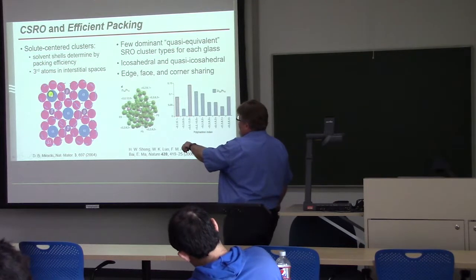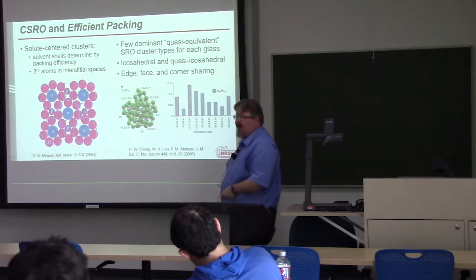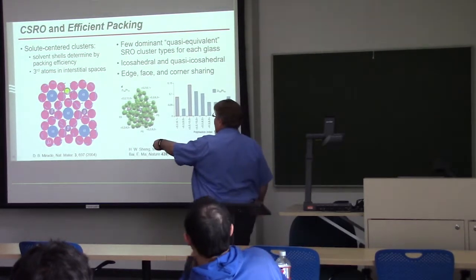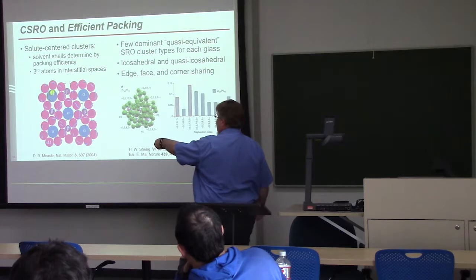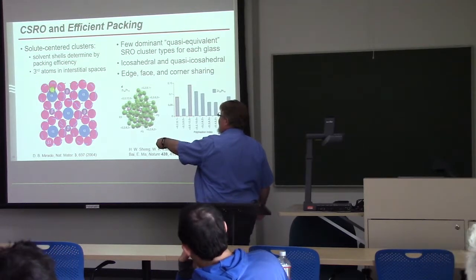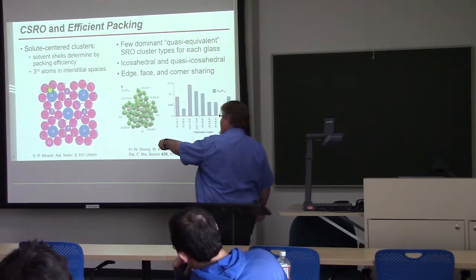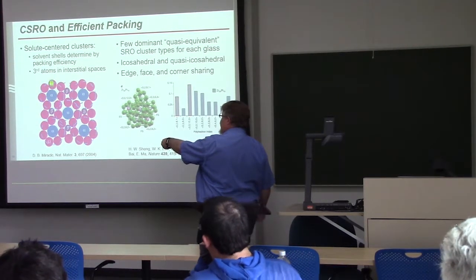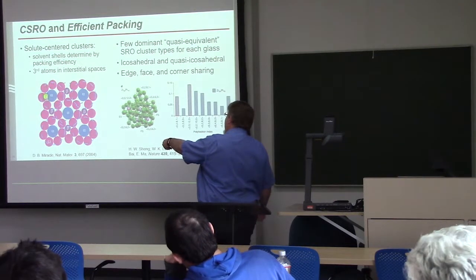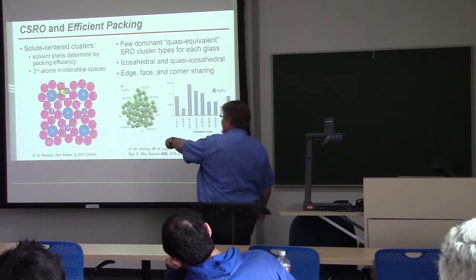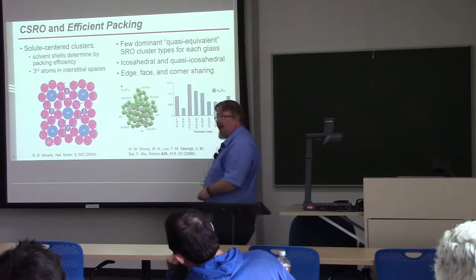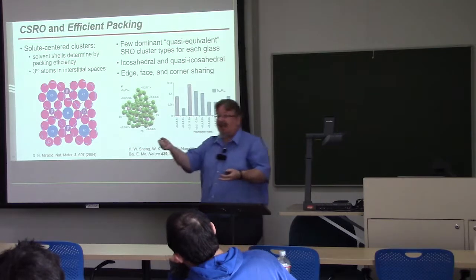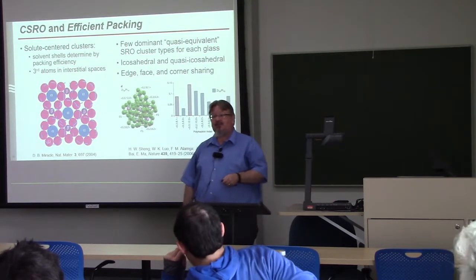So clusters that are centered around the minority composition element in the alloy, but subject to the efficient cluster packing rules associated with the difference in atomic size between the solute and solvent atoms shown here in blue and in pink. And then, in order to allow for alloys that have more than 2 elements, if you've got a third or a fourth element in the composition, it gets shoved into the interstitial spaces.